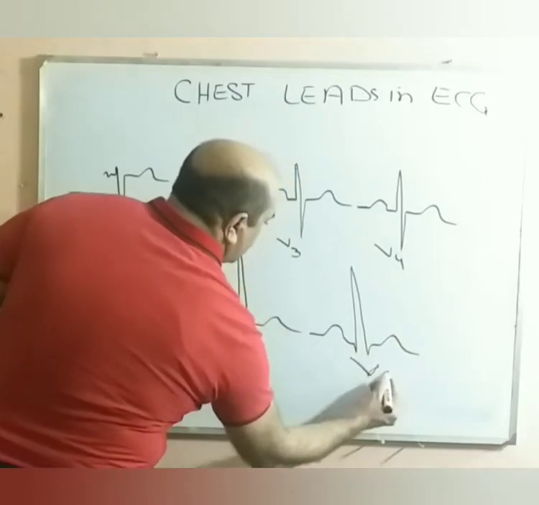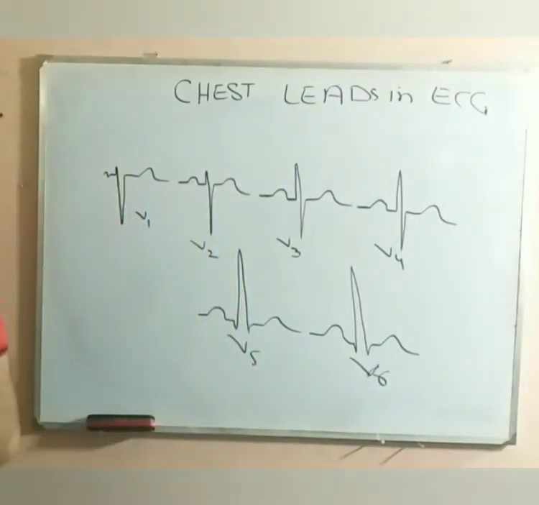As you look at this diagram, you will appreciate one very important phenomenon. As we move from V1, V2, V3, V4, V5, V6, the R keeps on becoming taller and the S keeps on receding in its depth. This phenomenon is known as normal progression of the R wave.